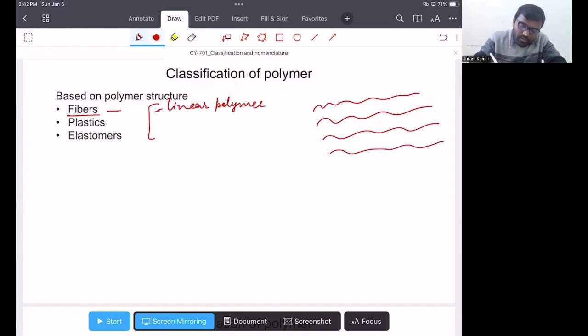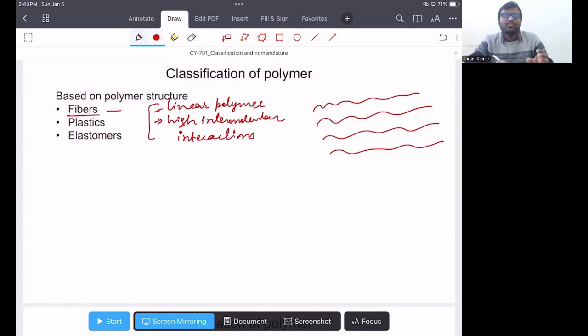Second, because of the linear polymer structure, they have high intermolecular interactions.